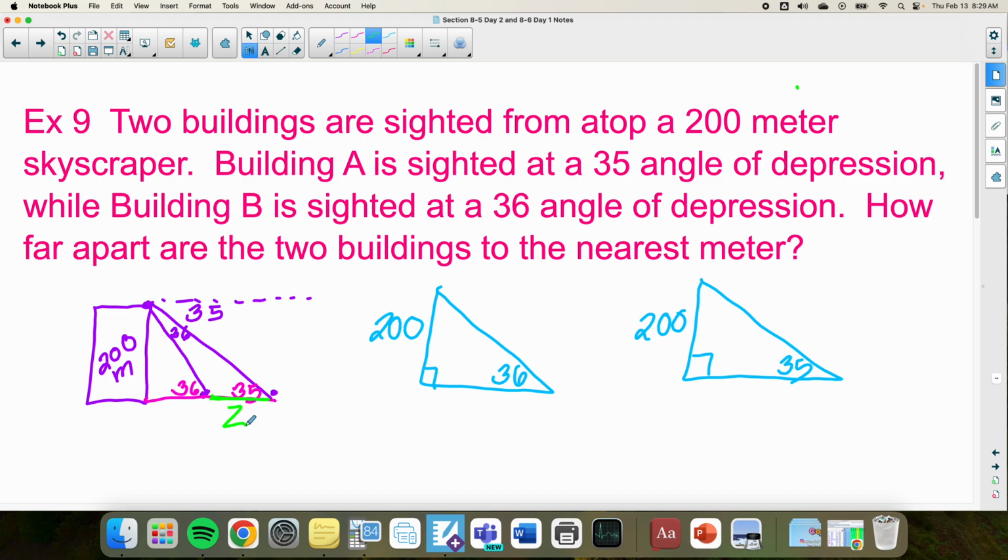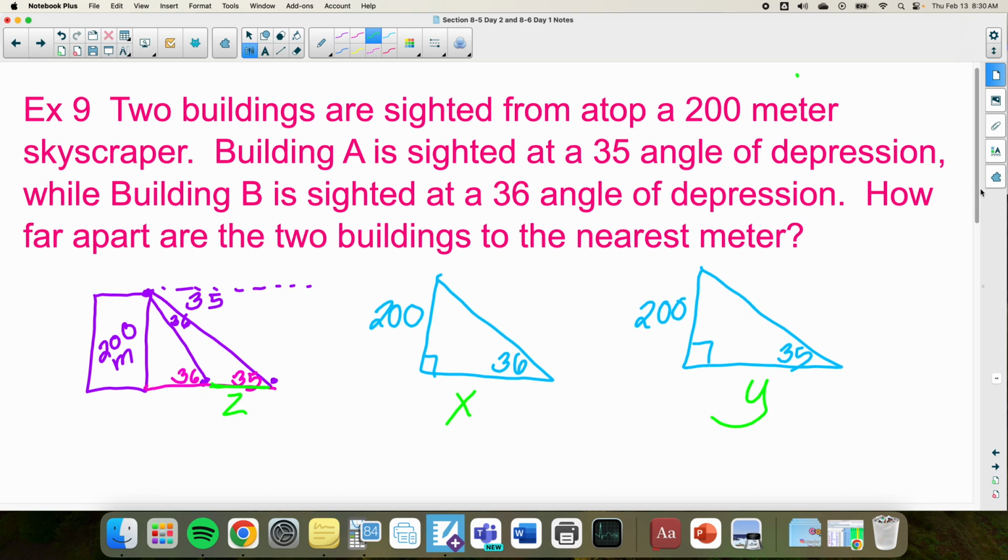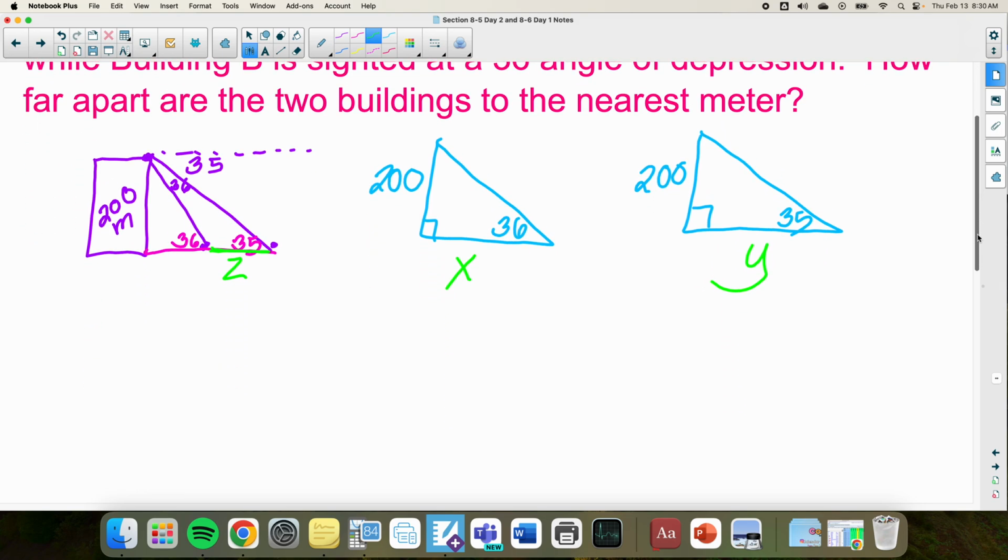Right away, instead of drawing that, you could separate the two triangles. You can call this one Y and this one X, and at the end you're going to subtract. Again, with these we have a tangent, so tangent 36 equals 200 over X.